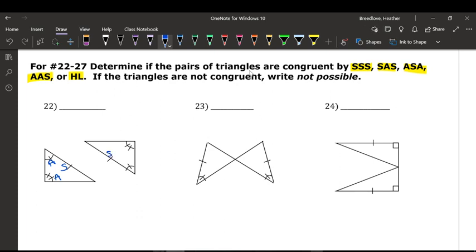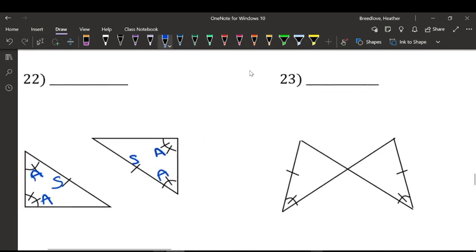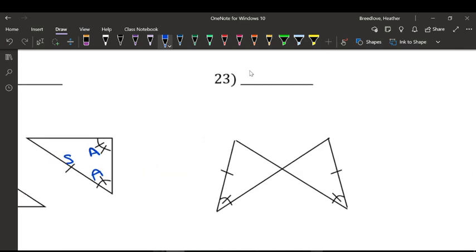Here's a side, here's an angle, and here's another angle. So it looks like they match. Okay, so now that I know that they match, I'm just going to look at one of them. The letters that I have are 2 A's and 1 S. So I'm going to write the one that I have 1 of. I have an S, and then I have 2 A's.